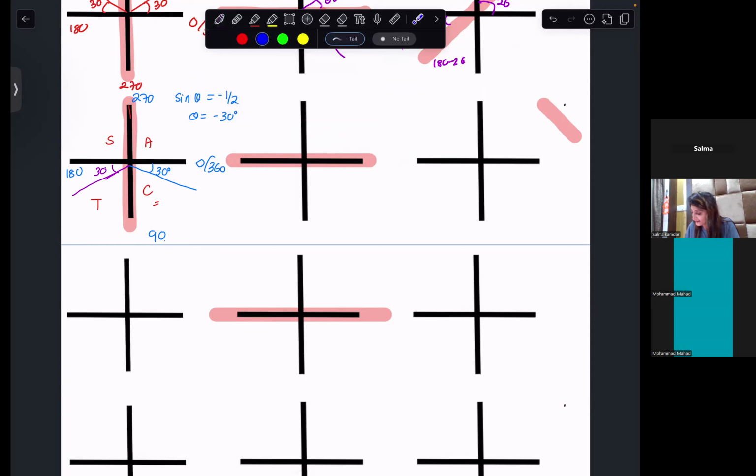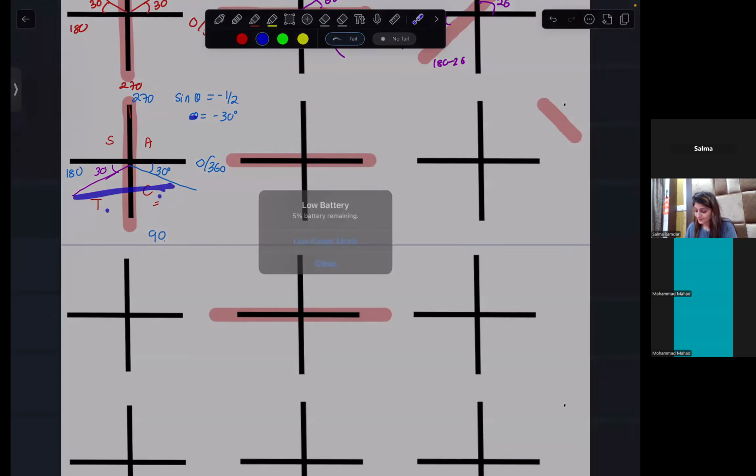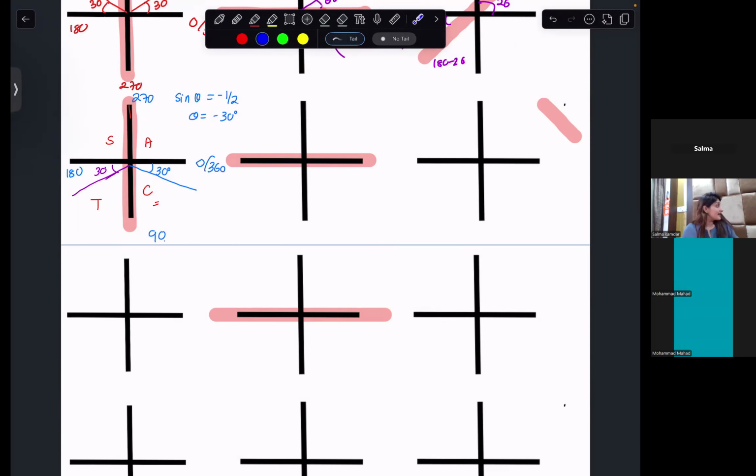You have sine negative 30. Where else will you have a sine negative? Sine negative can only be at these two places.